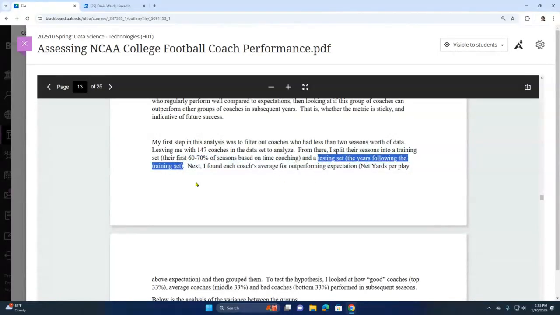So he then looked at the remaining 30 to 40% of the coaches' history.